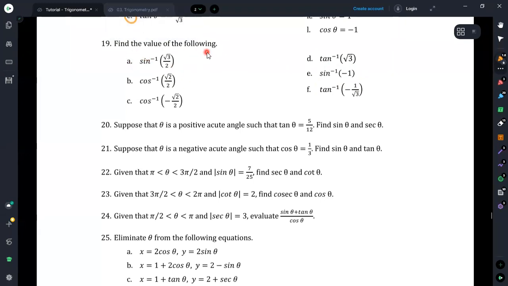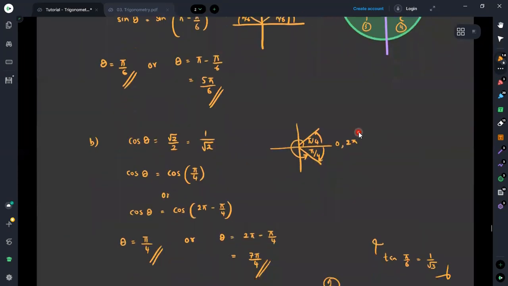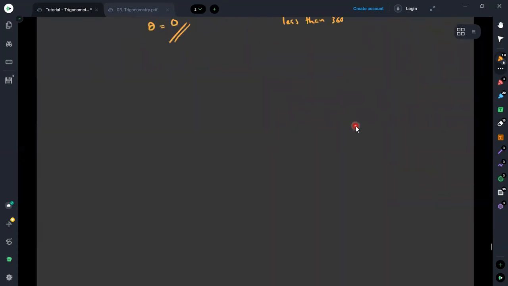Here you are asked to find the values of sine inverse of this quantity, cosine inverse, another cosine inverse, and tangent inverse. Likewise we have the values. In the first part, we are asked to evaluate sine inverse of root 3 over 2.